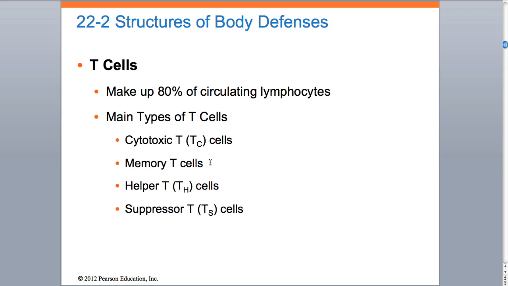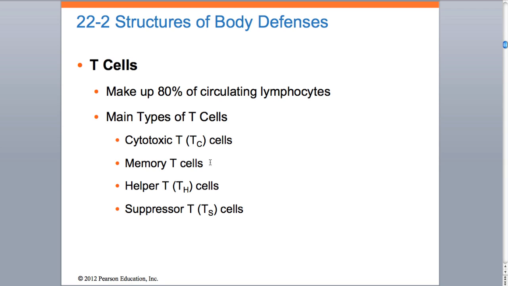Next, memory T cells. Memory T cells are with that line of level 3, level 4, that word specific. And we said that anytime we say level 3, level 4, and say specific, we have the word immunity. Well, immunity refers to memory.